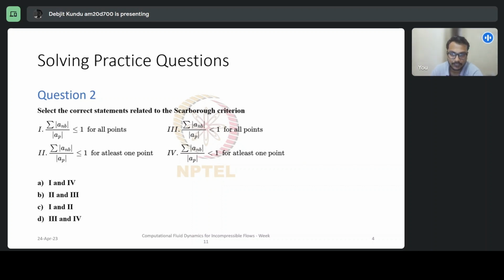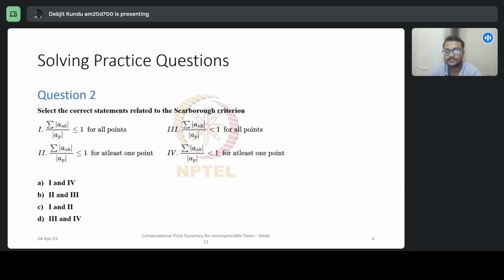You have to pick out the correct combination which relates to the Scarborough criterion, which is the criterion which determines convergence of a scheme for finite volume method.